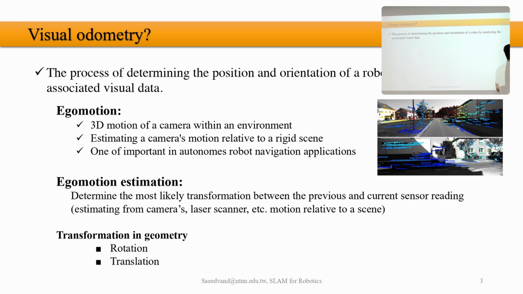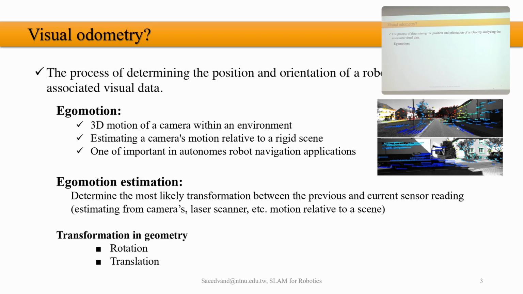Translation, and it can give me the rotation if I can detect it, right? This is visual information, so I can remap it from visual information. If I can extract this translation and rotation and remap it to the real environment, I can understand how much my robot moved in the environment.